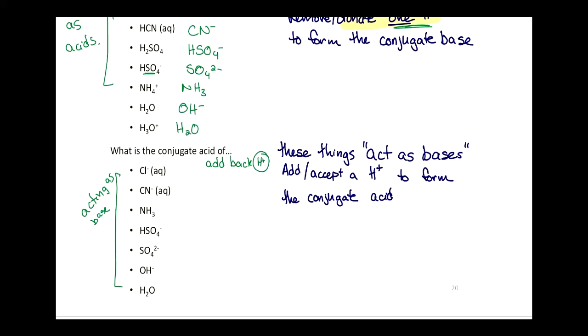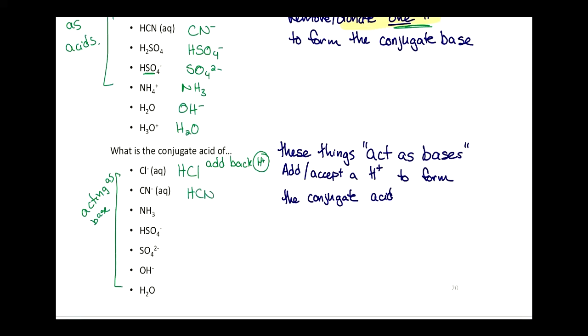So you have to be cognizant of the number of hydrogens and the charge. So if chloride acts as a base, which it never will, but if it did, you're going to add that H plus back in and you're going to get HCl. If CN minus acts as a base, it's going to steal an H plus from something and you're going to get HCN back.